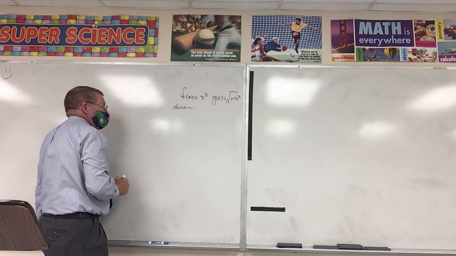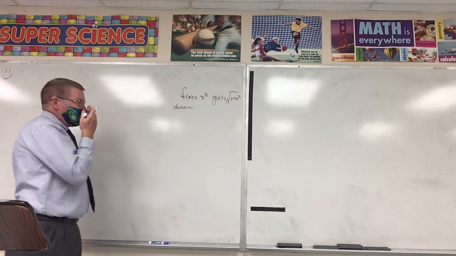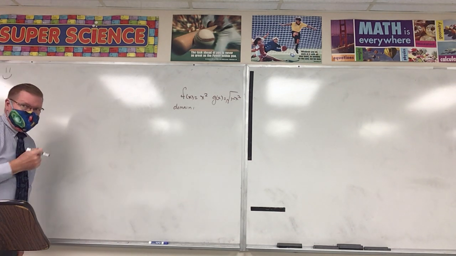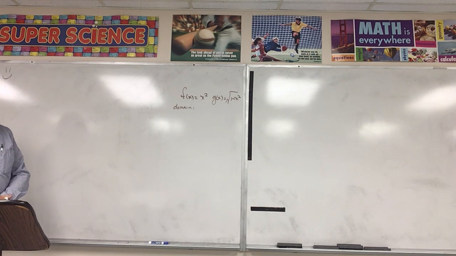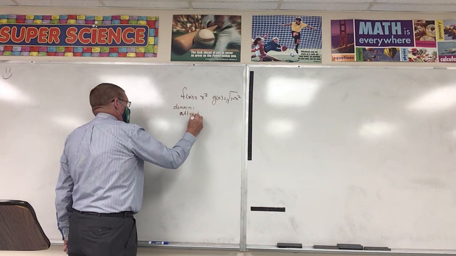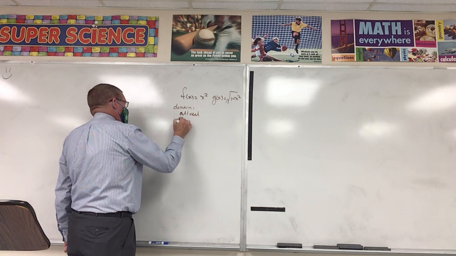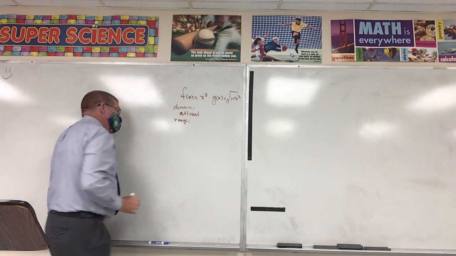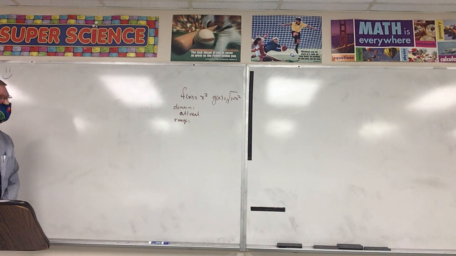X is not equal to 0. Domain. What's my graph? What does it look like? What's my domain? What's my range? 0, 1. What's my graph?